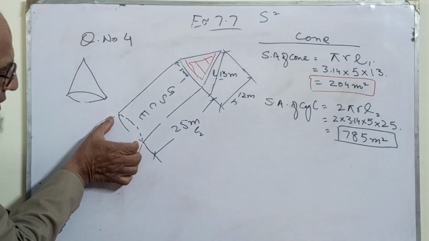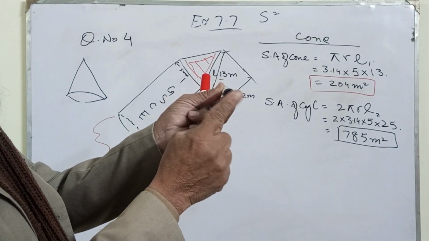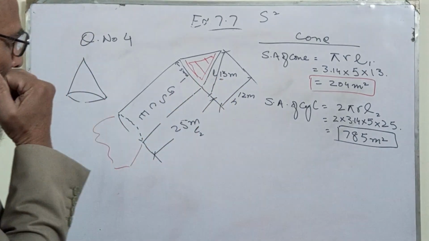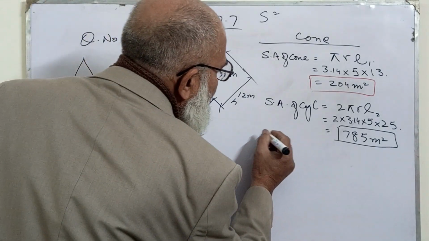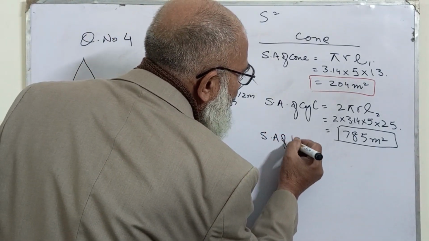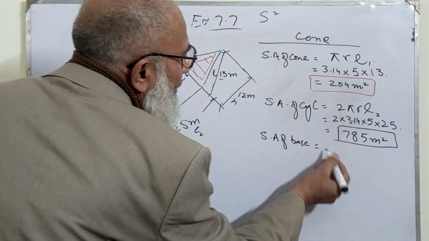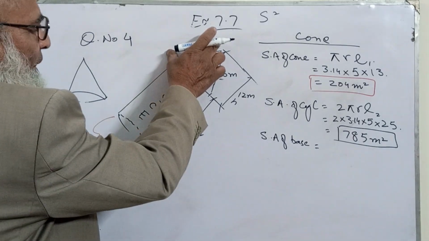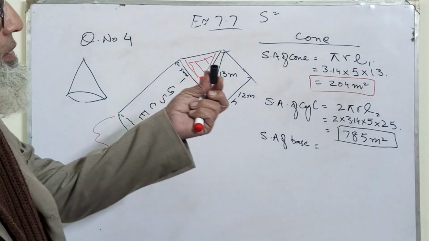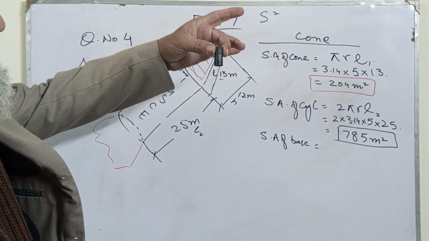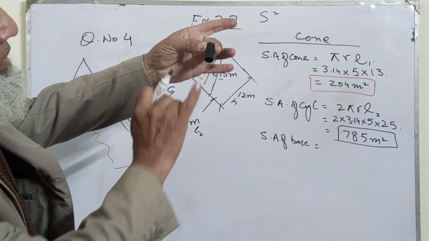Now, what about this part? This is also surface area. So, the surface area of the base. If the cone was separate, like this, then we would have taken the curved area plus the base area.